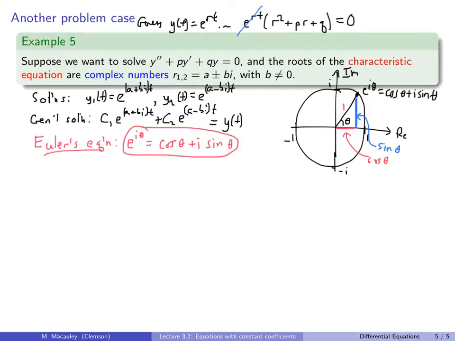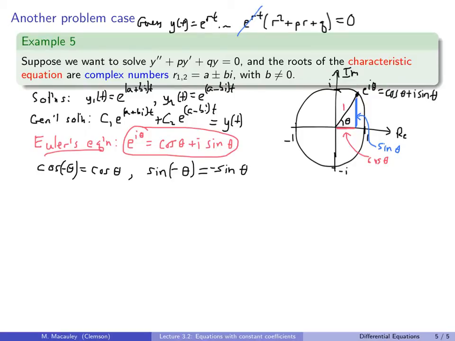Something else about complex numbers you should know is that for any number theta, cosine of negative theta is equal to cosine of theta, and sine of negative theta is equal to negative sine of theta. So why is this?